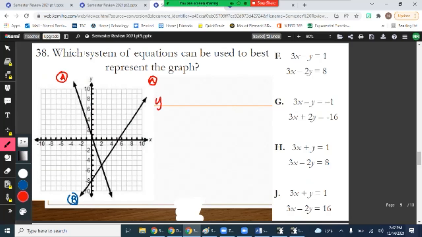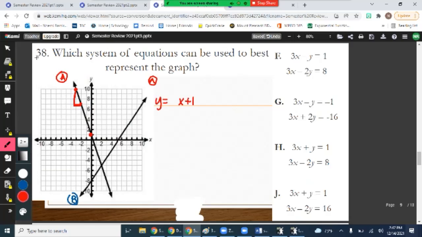Always two things that you need to write an equation of a line. That is the slope and the y-intercept. This is going to be my line A. So first, the easiest thing to find is the y-intercept. It's intersecting where? At a +1. Now I got to find the slope. To find the slope between 2 points, I use what? Rise over run.